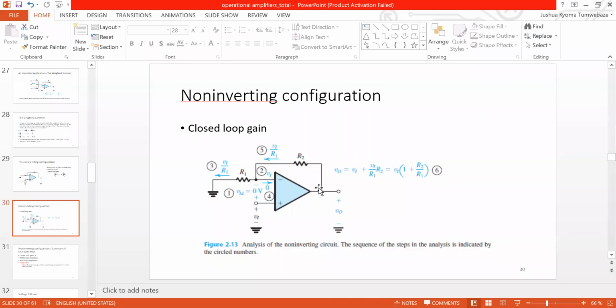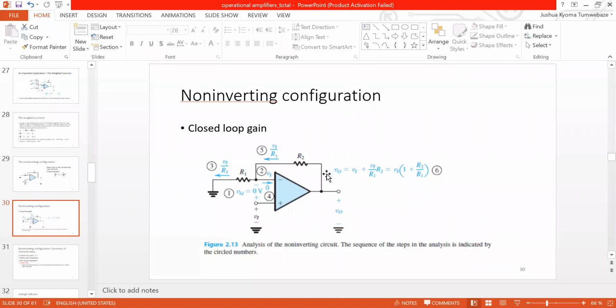So we can write a simple KCL equation for that loop containing R2 in order to determine V0. Alternatively, given the polarities, V0 is equal to the drop across R2 plus VI.